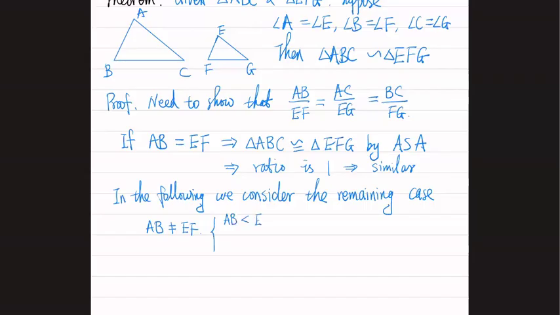AB is smaller, or AB is bigger. Two possibilities: they have different sizes, one bigger, one smaller. And these two cases are exactly the same, so we only consider the second one. Only need to consider this one.